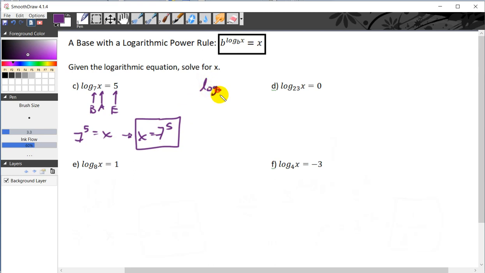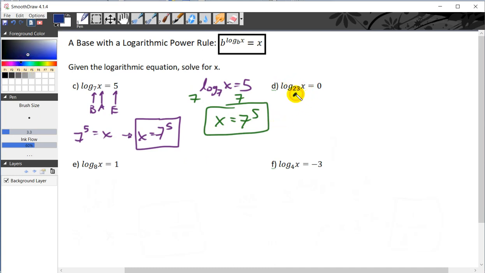If you have log base 7 of x equals 5, as you can see here, our base is 7. So we're going to rewrite both sides of the equation with the base of 7. And this is the same thing as x. So x equals 7 raised to the 5th. Now let's go ahead and look at this one.